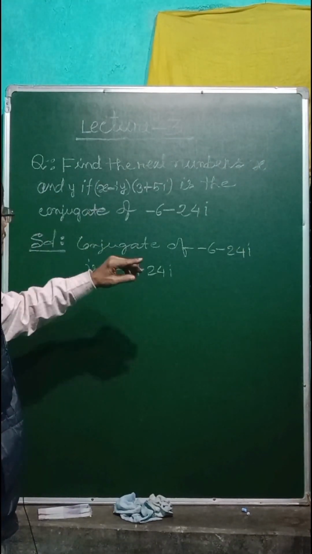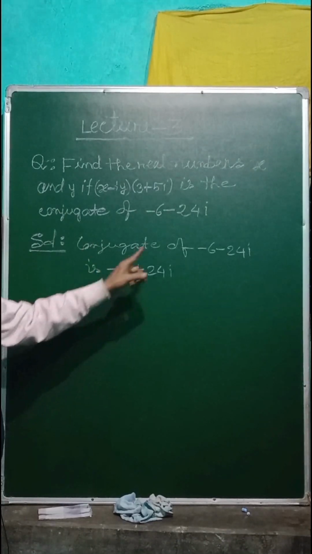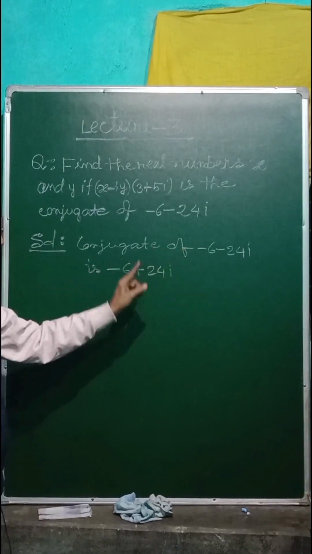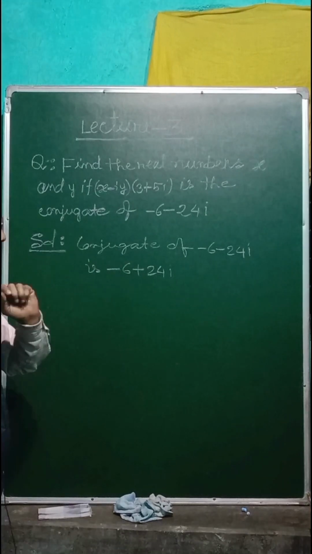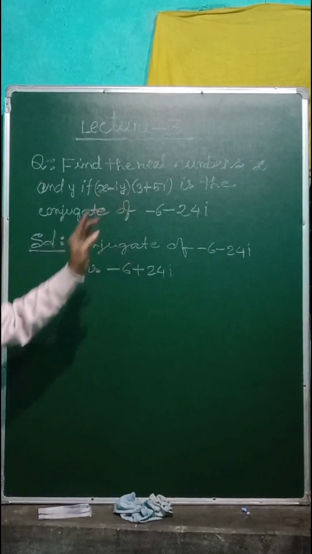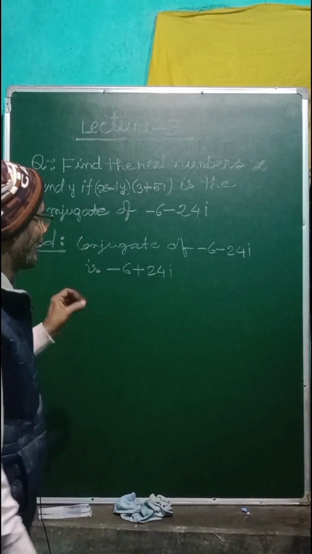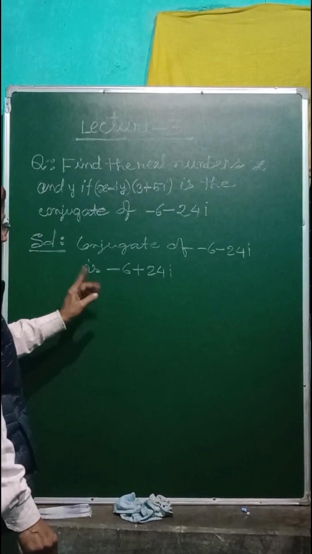Now the question says that this product is equal to the conjugate of this number. That means equal to this number. So we have to reduce this expression to the standard form of x plus iota y, and then we shall make it equal to this.